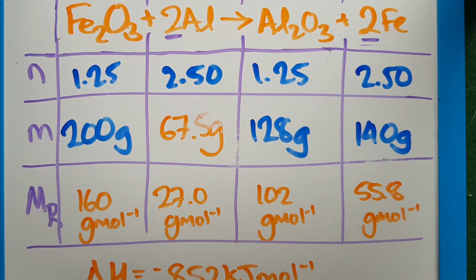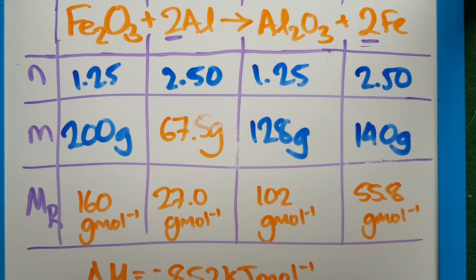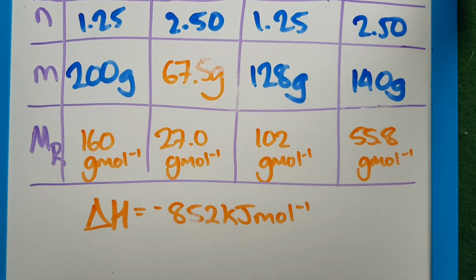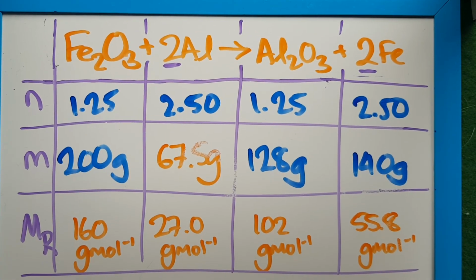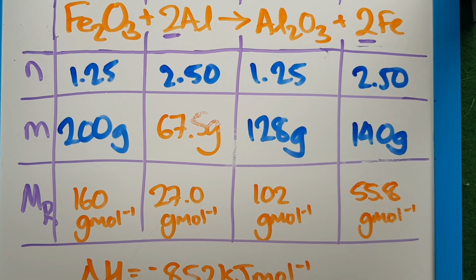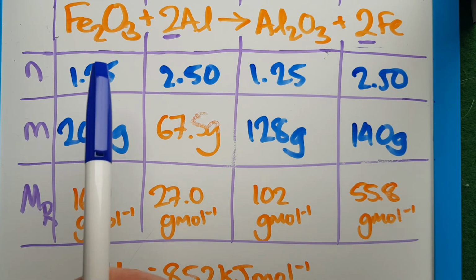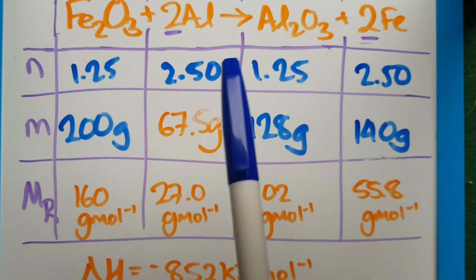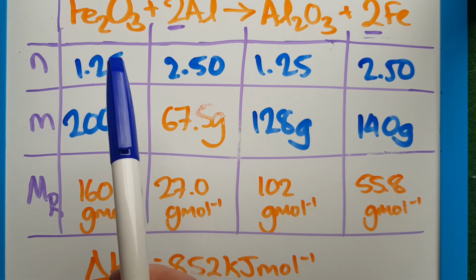But what I'm going to do last is, of course, the question that would be asked in a thermochemical equation, which is how much energy would that create? Well, in the equation, it's negative 852 kilojoules per mole. Now, that's got 1 mole, that's got 1 mole. So, for 67.5 grams, there'd be 1.25 moles of it.